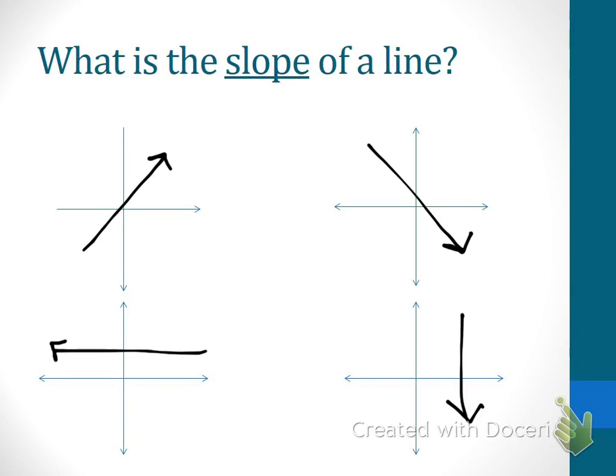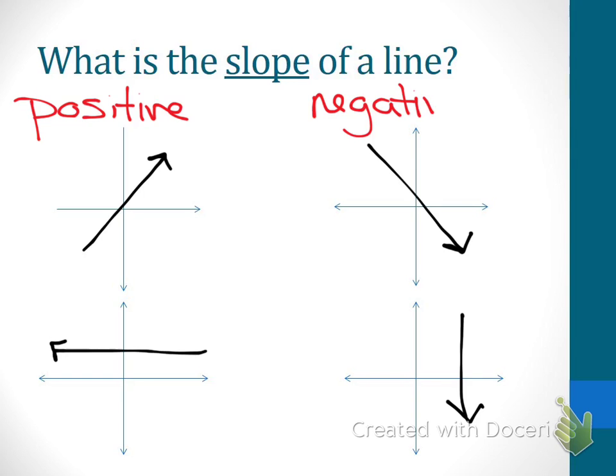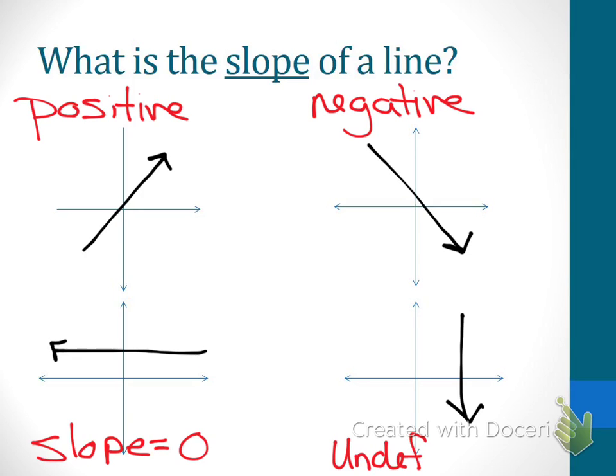So again, sloping up and to the right, this is a positive slope. Sloping down and to the right, this is a negative slope. When it's horizontal, it means my slope is 0. When it's vertical, it means my slope is undefined.